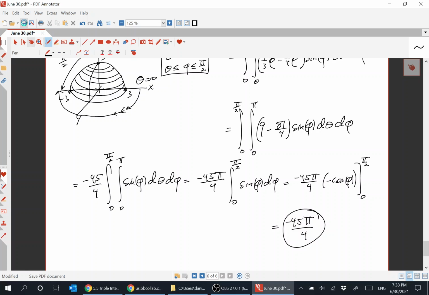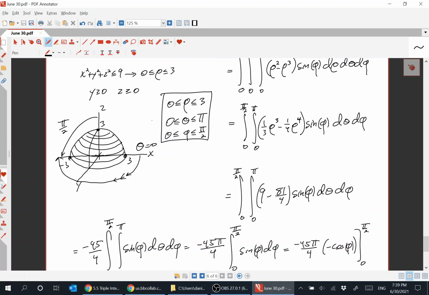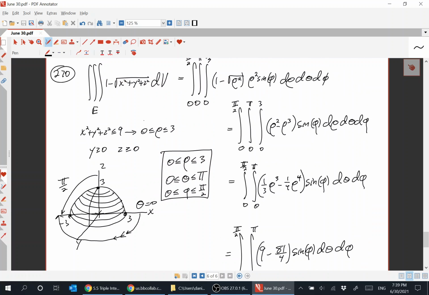Okay, so that's the integral of that function over this region. I think this function actually makes some sense in terms of, well, no, if it was 3 minus square root x squared plus y squared plus z squared, it might make a little more sense physically.